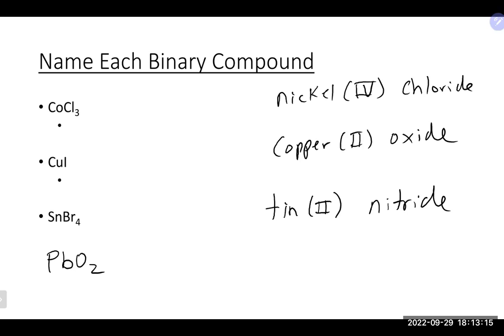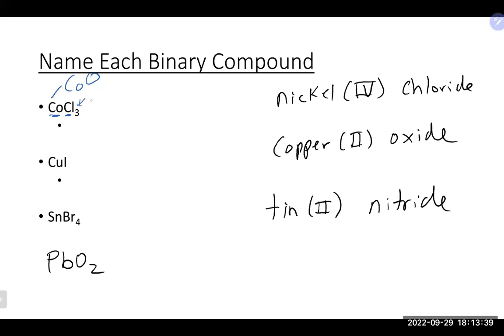All right, so let's take a look. We have CoCl3, which is cobalt, a transition metal, along with Cl, which is chlorine, a non-metal. So once again, this is going to be ionic. We look at the cobalt, which is the most important. It's in the transition metal region, so we need to figure out what the charge is.